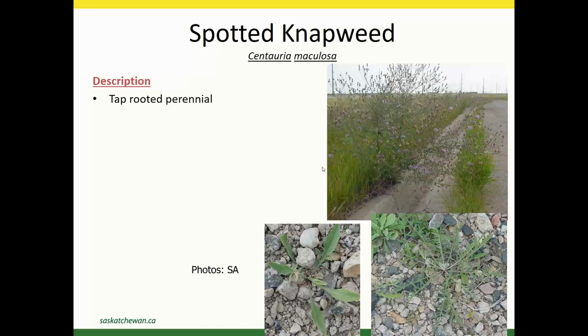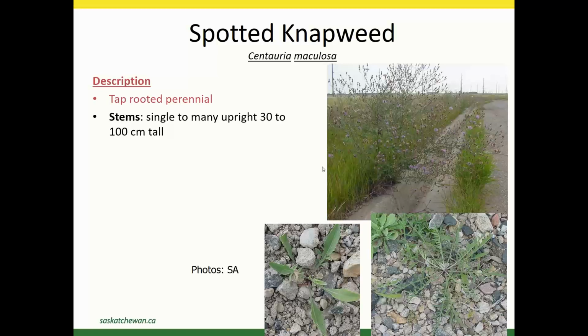It starts out as a rosette, and it's a bit of an odd plant in that it kind of acts like a multiple biennial, where it can stay as a rosette for 2 or 3 years until it accumulates enough energy in the root, and then what it'll do is bolt and produce top growth for a few years as well, and then it'll die back eventually. So it's a perennial that will last maybe up to 8-ish years. So it's kind of an odd life cycle from that perspective.